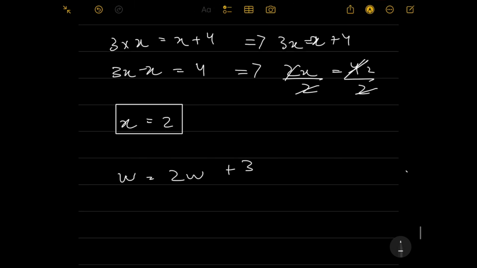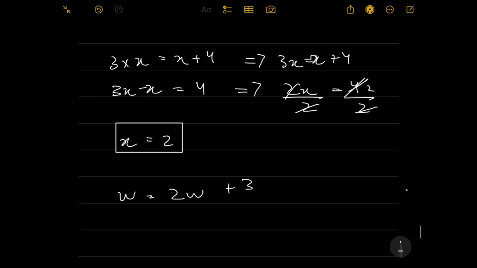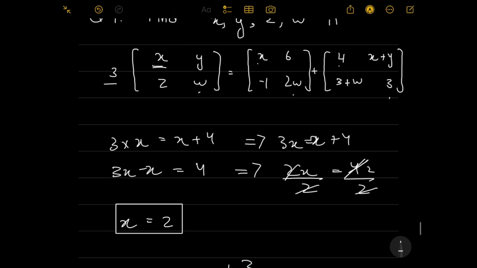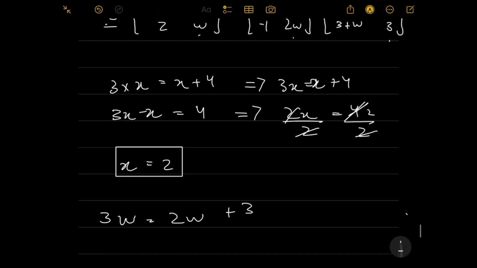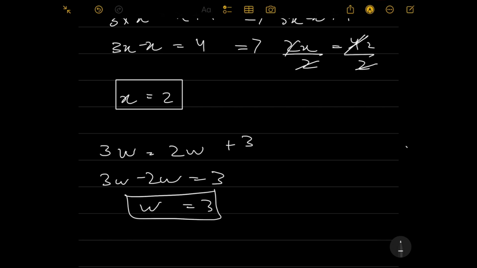Actually, this is 3w because this 3 is multiplying with all the elements. So 3w equals 2w plus 3, subtracting 2w from both sides, 3w minus 2w equals 3. w equals 3, so the value of w here is 3.